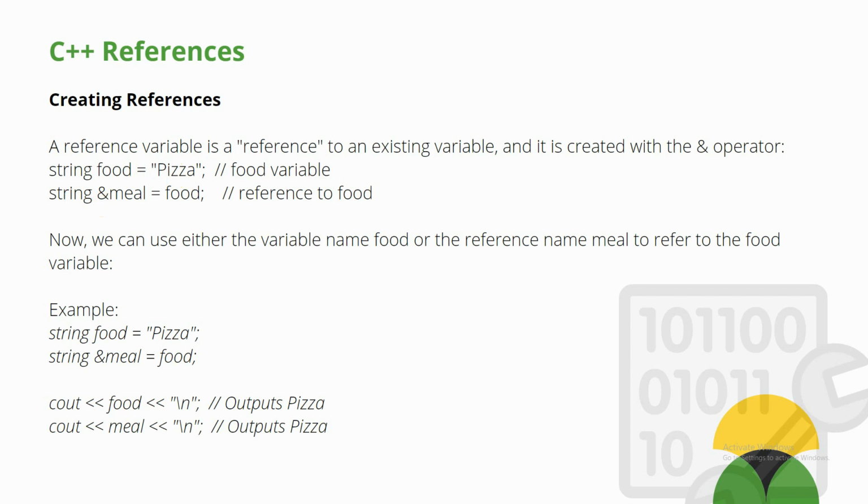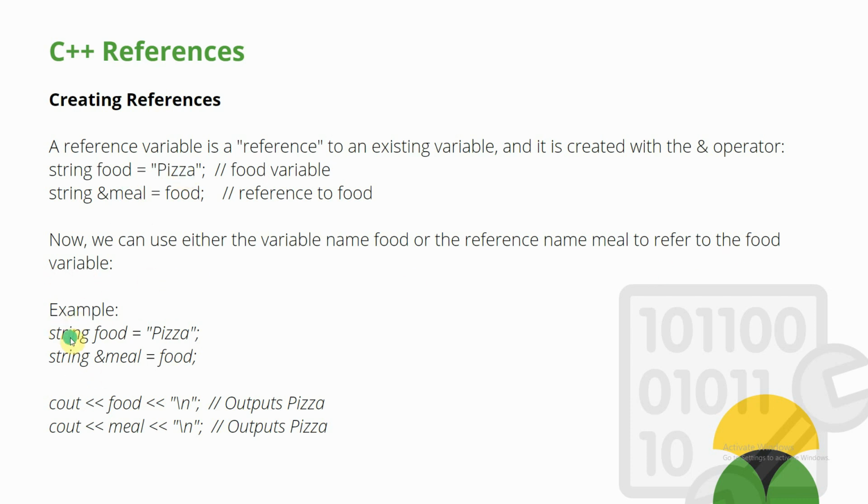So the reference to food is using this variable name meal. So we can use either the name food, or the reference name meal, to refer to the food variable and its content.